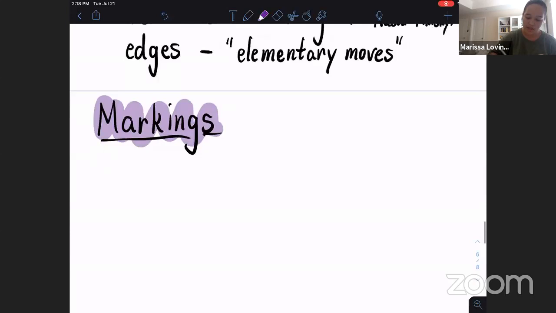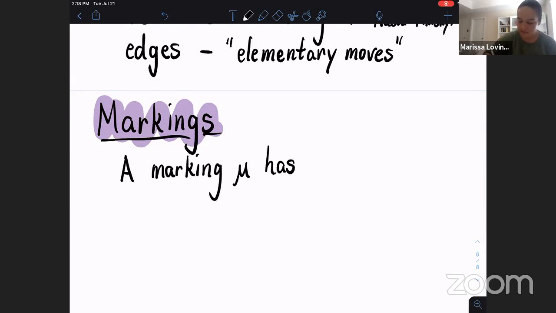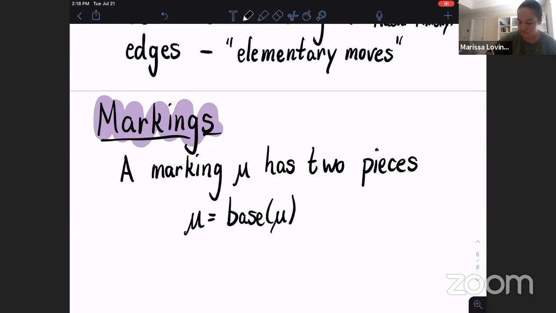A marking μ comes in two pieces. It has a base, and it has a collection of transversals.